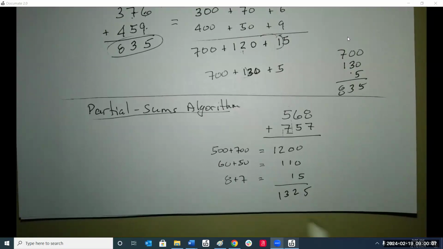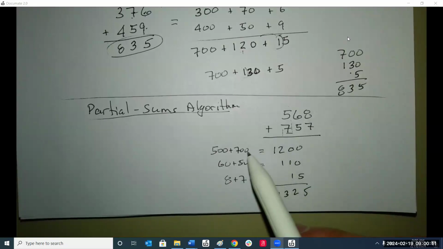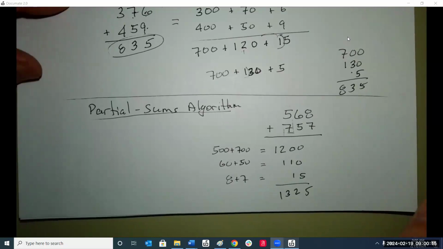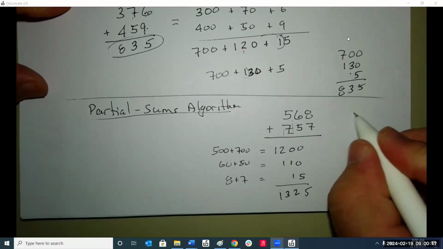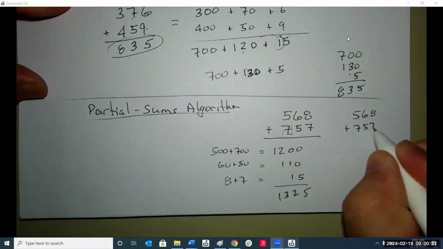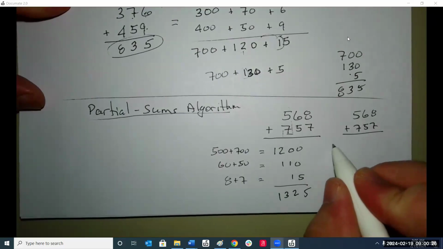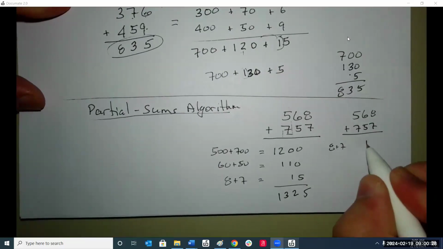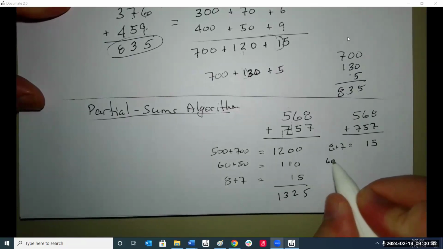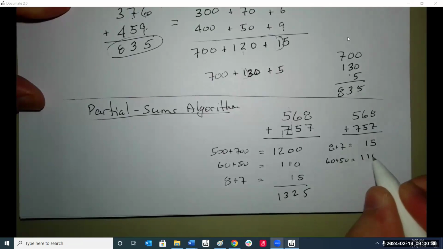So that's partial sums. Or you could do it starting from the right to left. You could do 8 plus 7, which is 15, then that one and that one. So you could build it up. You had 568 plus 757. Start with the ones. 8 plus 7 is 15. 60 plus 50 is 110.